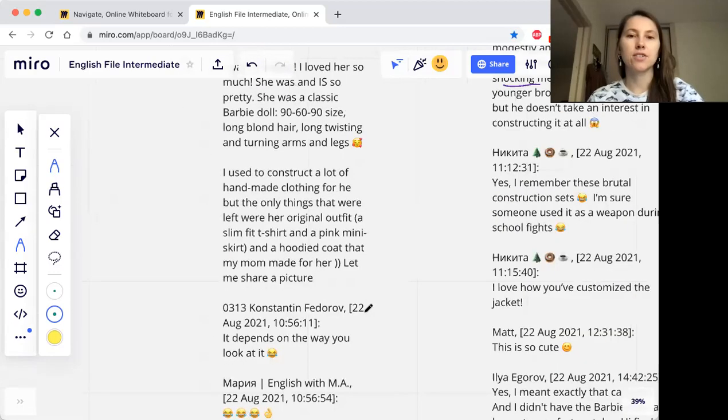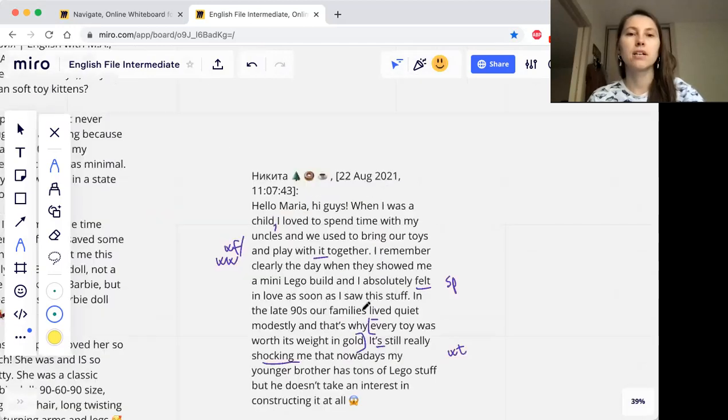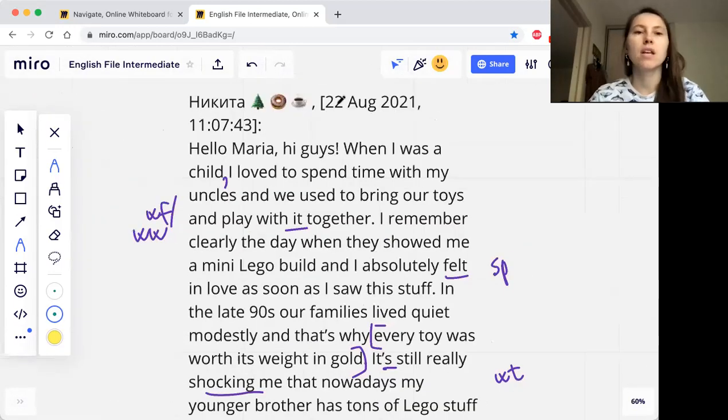Okay, in this section, that was it, and we move to some other stuff. When I was a child, typically with a comma, if you start a sentence with when or before or after, and here you have subject verb, and then you continue the sentence with another subject verb, like here.